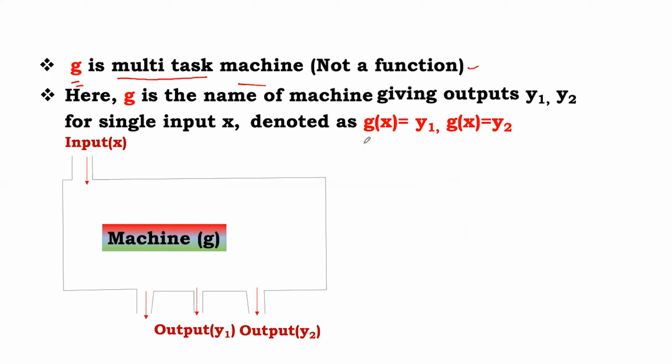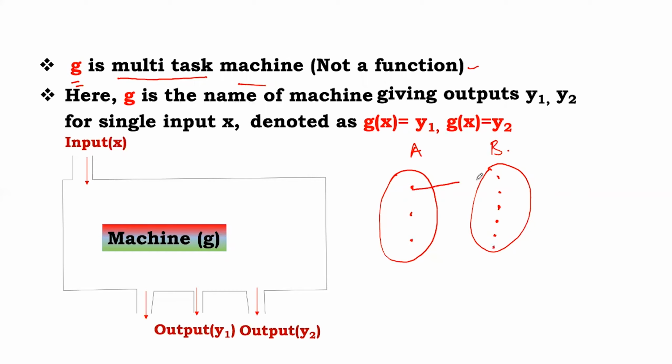So if I give it with a diagram also, we can show this. Set A, set B. Like, elements are there and the inputs are in set A, a few inputs are there. For this, I'm getting more than one output. For this again, I'm getting more than one output. And for this I'm getting one output or more than one output.